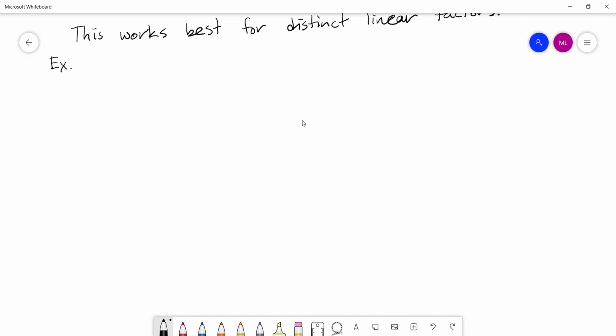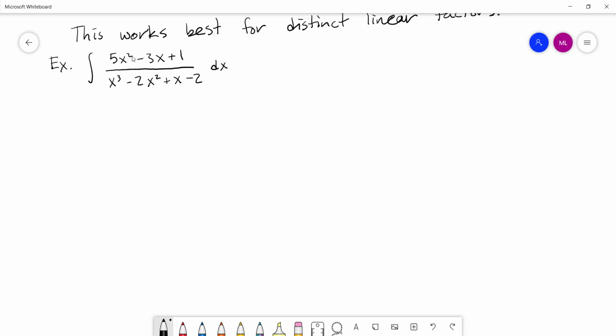Okay. Let me just copy this down here. I want the integral of 5x squared minus 3x plus 1 as our numerator over x cubed minus 2x squared plus x minus 2 dx.